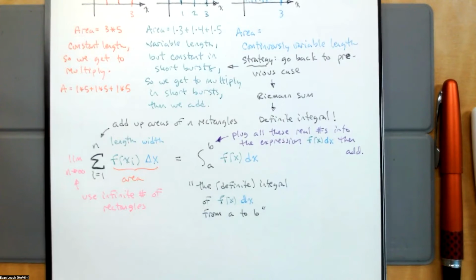The definite part means that we're plugging in values. The from a to b tells us that it's a definite integral.